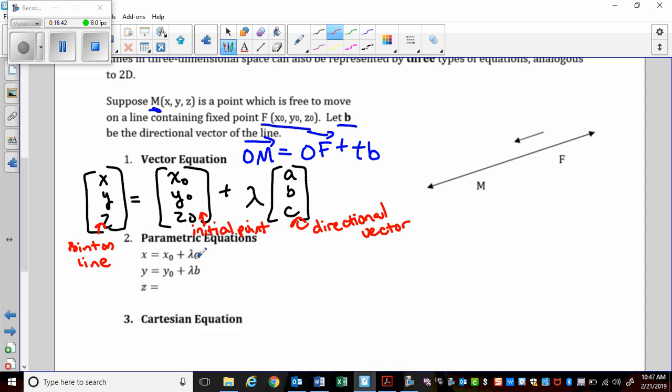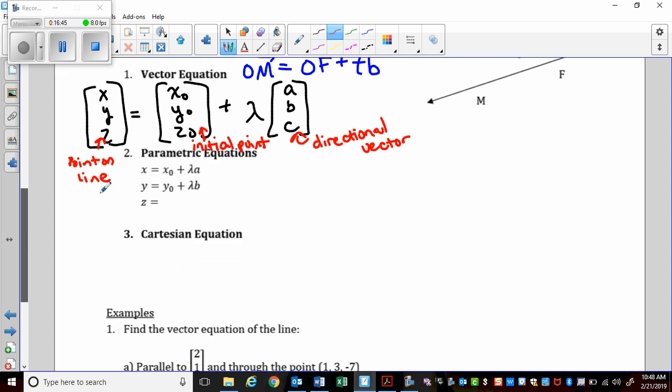Okay, the parametric equation is going to be similar to the last one. We're going to have the initial point x naught plus lambda A, initial point y naught plus lambda B, and initial point z naught plus lambda C, for this direction A, B, C. For the Cartesian equation, we're going to solve for lambda, or T. It's going to be x minus x naught.